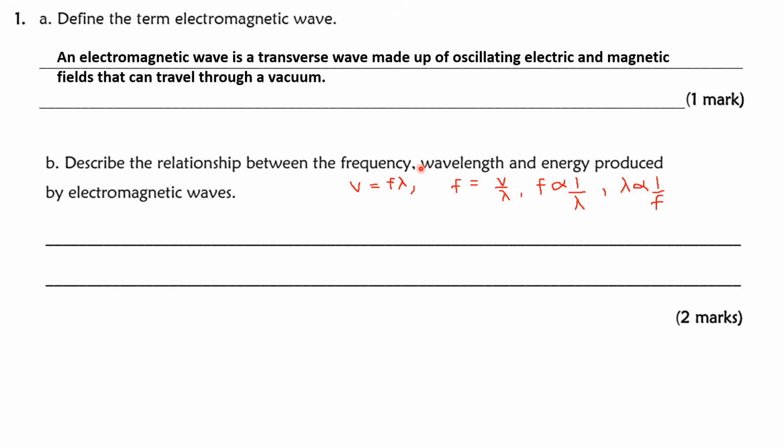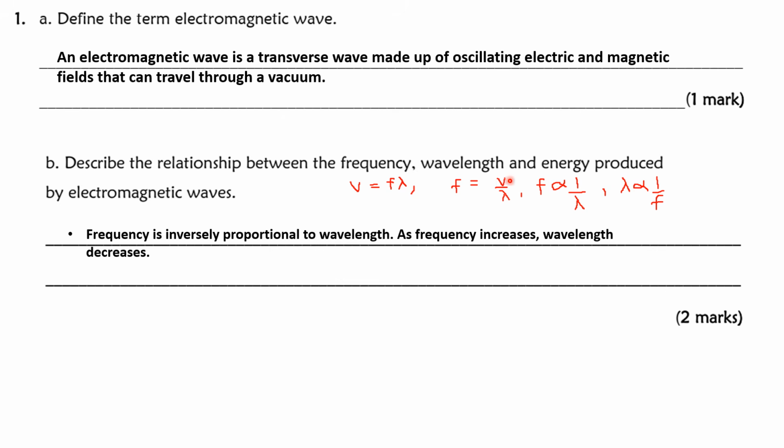So what the examiners are looking for from you is to say that frequency is inversely proportional to wavelength, meaning that as frequency increases, wavelength decreases. If we increase frequency, wavelength will become smaller and smaller.